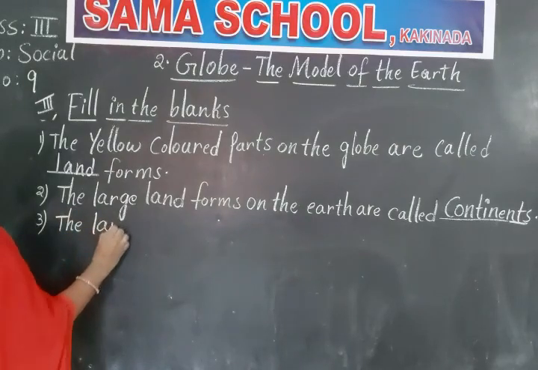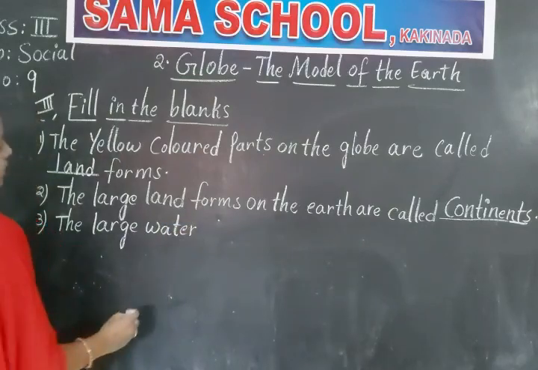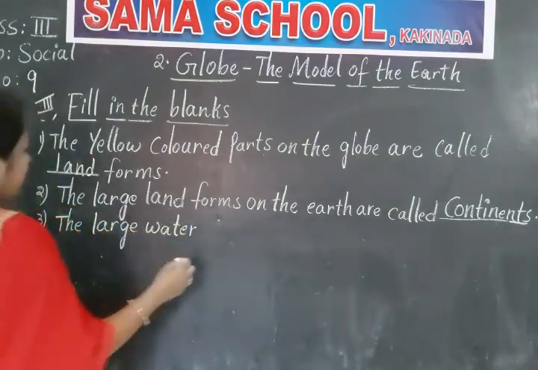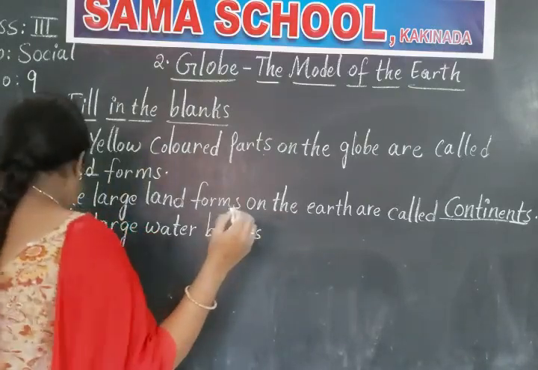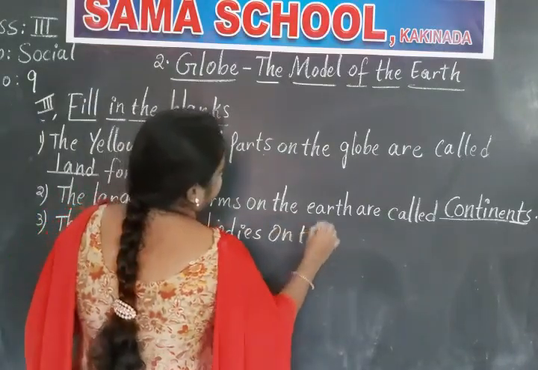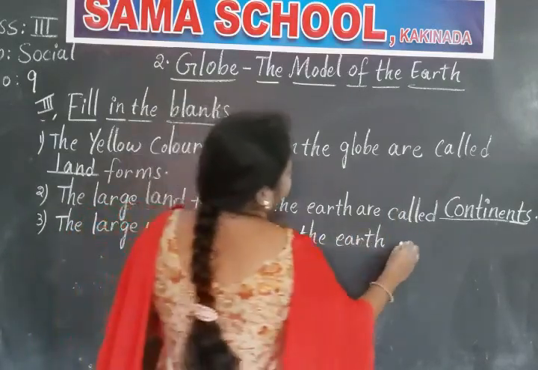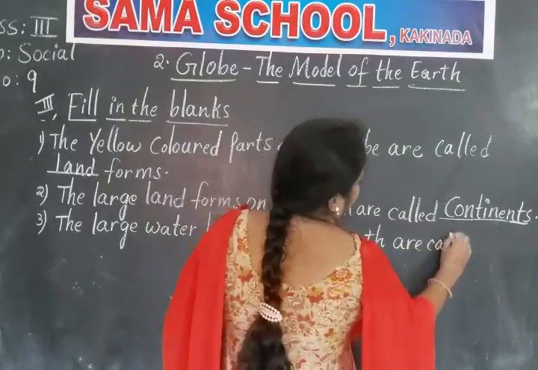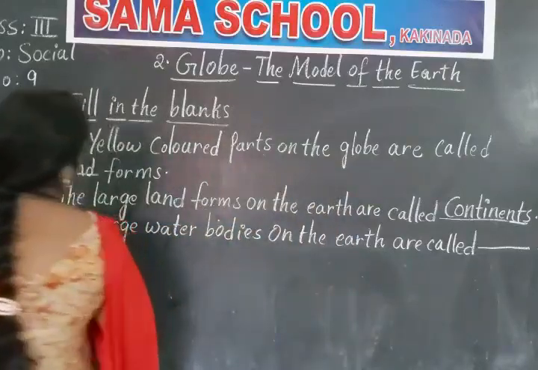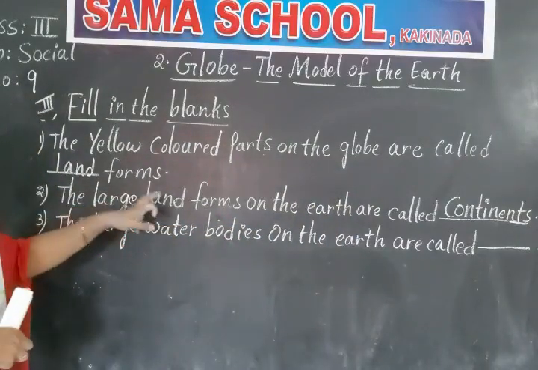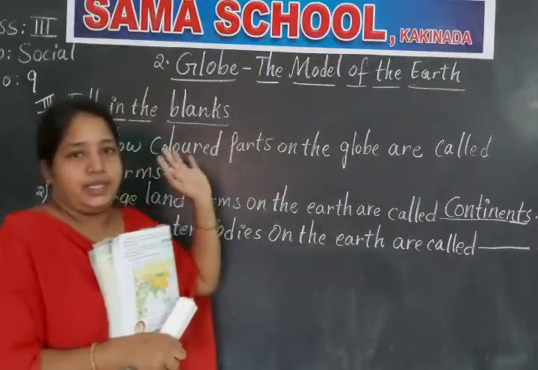The large water bodies on the earth are called dash. So in the previous one, what did we learn? The large landforms on the earth are called continents, right?